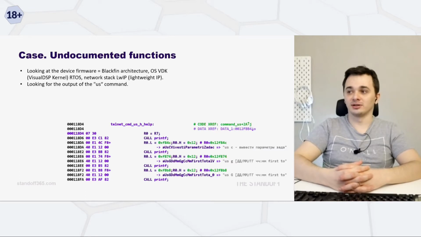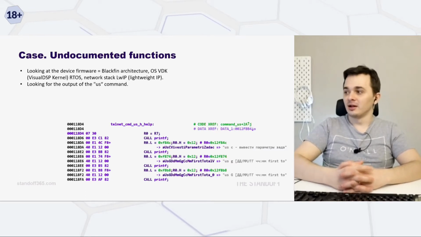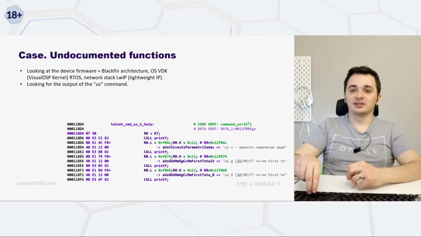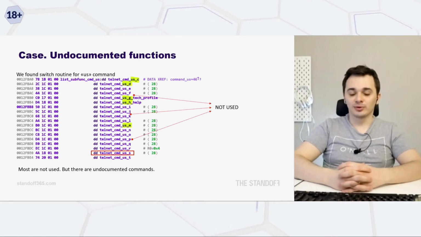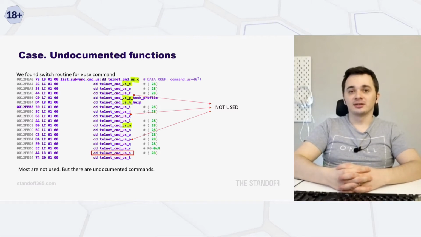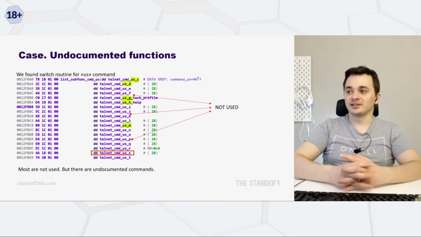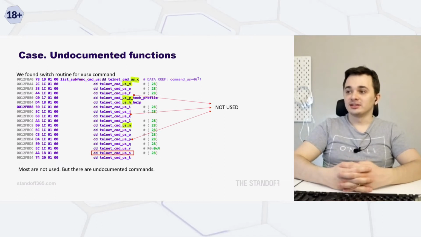And based on them, we were able to identify the handler of the US command. Then we follow the code of this routine, and because of the US command, we were able to find the switch routine.